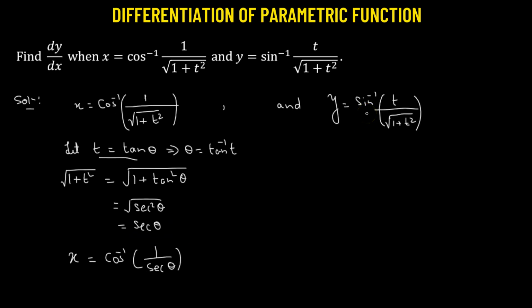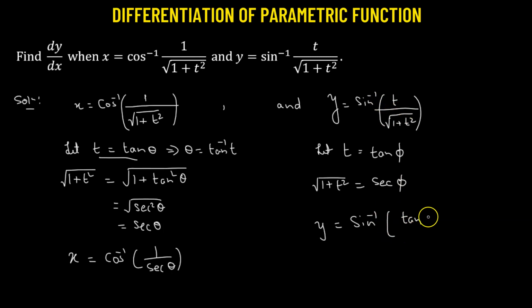Now going back to y, we'll take the same route. Since we took tangent of theta, we are going to take t to be equal to tangent of phi. The tangent of phi means we have square root of 1 plus t squared simply equal to secant of phi. Now we have y equals sine inverse of t in the numerator, so t is tangent of phi, divided by secant of phi.